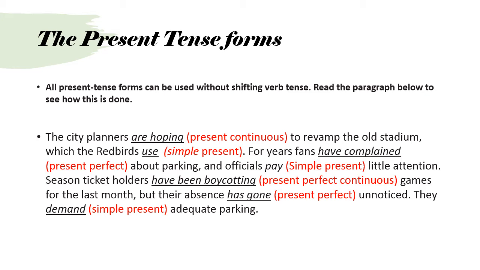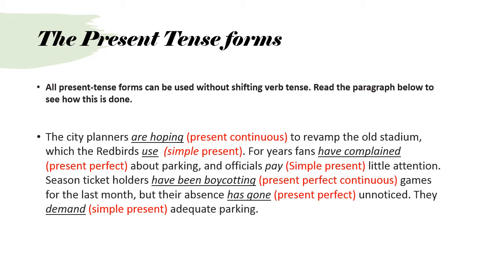Now in this case, we have present continuous form like are hoping, and we have simple present forms like use or pay or demand. We also have present perfect continuous forms like have been boycotting, and present perfect forms like have complained or has gone.